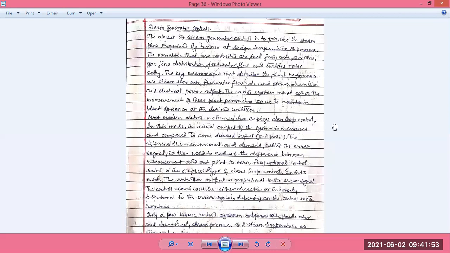The actual output of the system is measured. What is the output of the system? It is the power output, which is then compared to the demand signal, the set point. The difference between measurement and demand, called the error signal, is then used to reduce the difference between measurement and set point to zero. So we have designed some demand signal or set point, and the difference between the measurement and demand causes the error signal.